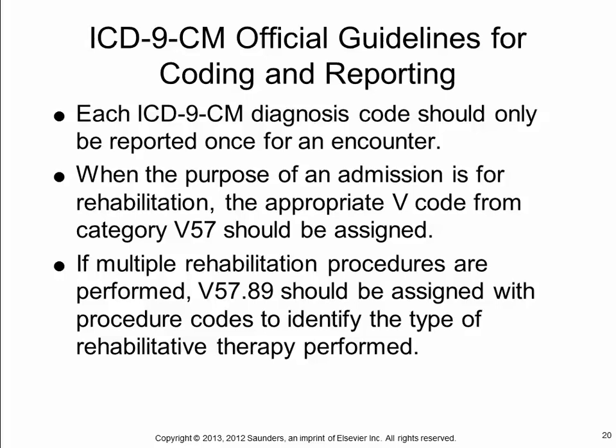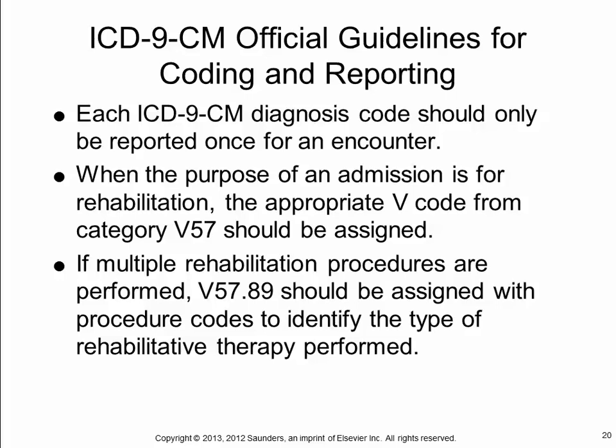If you have someone who's being admitted for rehabilitation purposes, then you use a code from the category V57. If they are having multiple rehab procedures, then you use code V57.89 with procedure codes. So V57.89, don't get it confused.